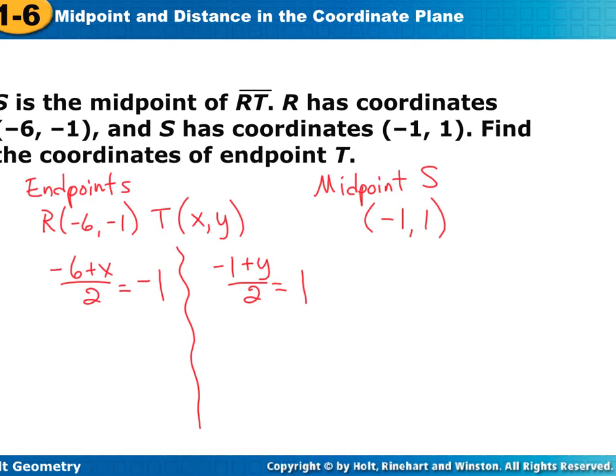When you're solving, you multiply each side by 2, that will turn into a 2. Making sense out of it?